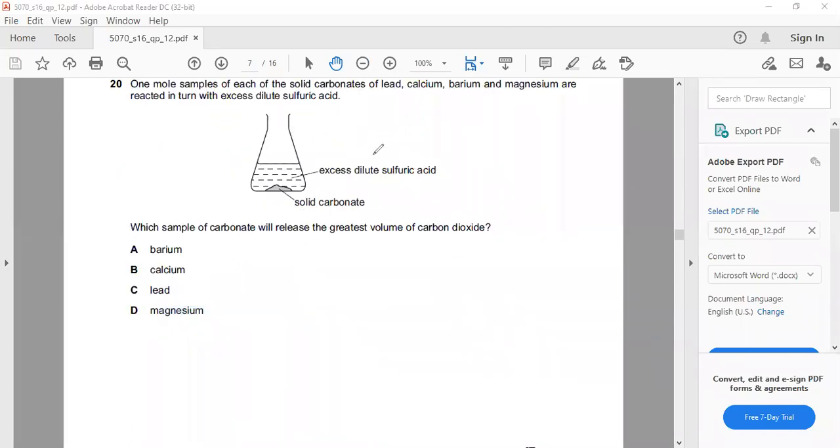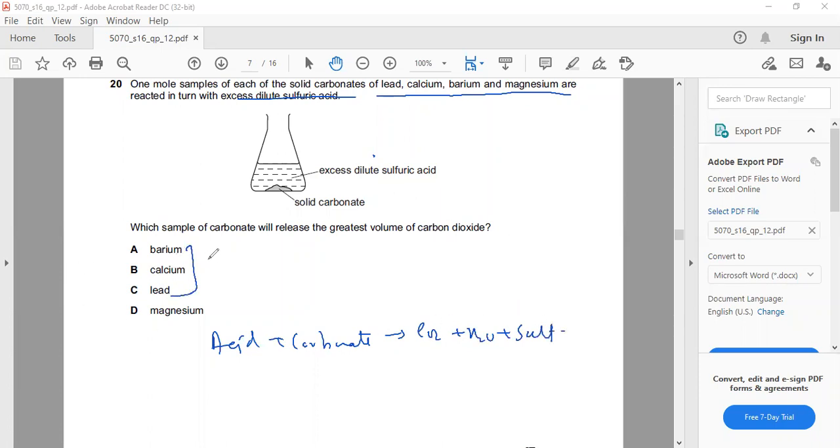Okay, 1 mole of solid carbonates of lead, calcium, barium, and magnesium are reacted with excess sulfuric acid. Which carbonate releases the greatest volume of carbon dioxide? You must know that acid plus carbonate gives carbon dioxide, water, and salt. They all form sulfates.